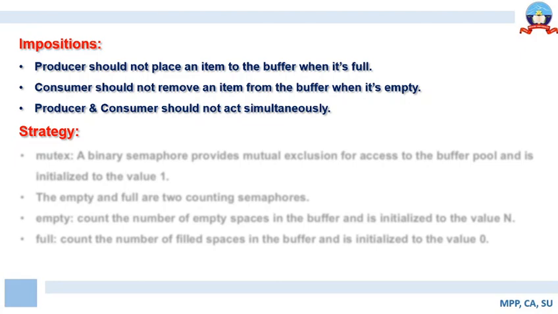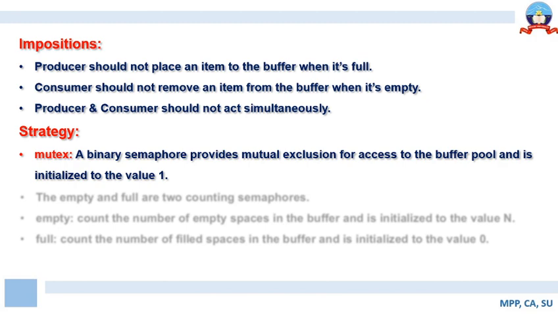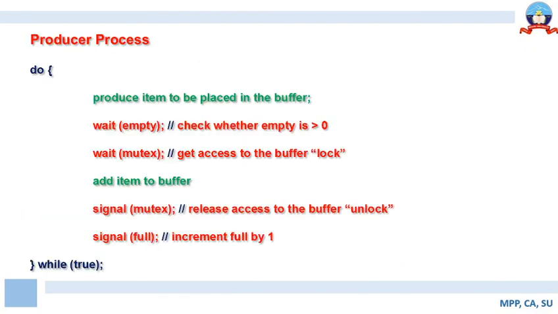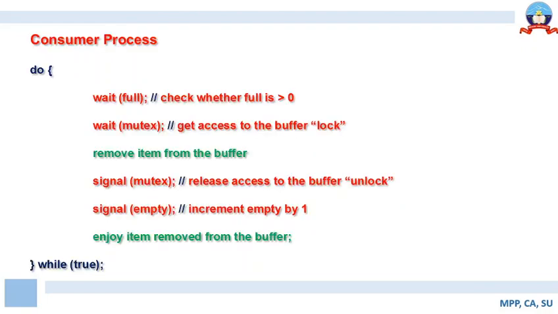The first one is a binary semaphore, mutex, that gives exclusive privilege to either producer or consumer to get into the buffer. And then we have 2 counting semaphores, empty and full. Then we learned about the producer process and the way it works, and we moved on to the consumer process and learned the way it works.